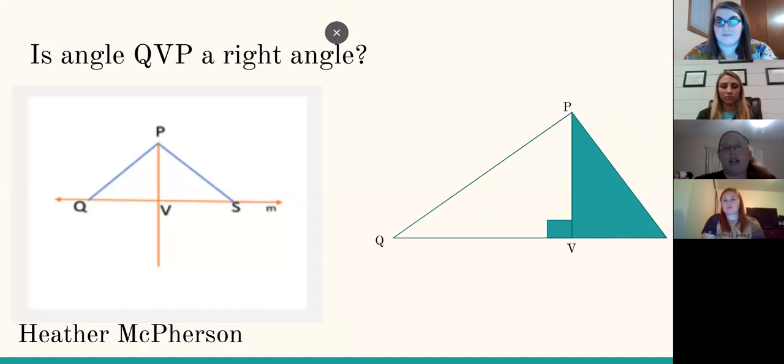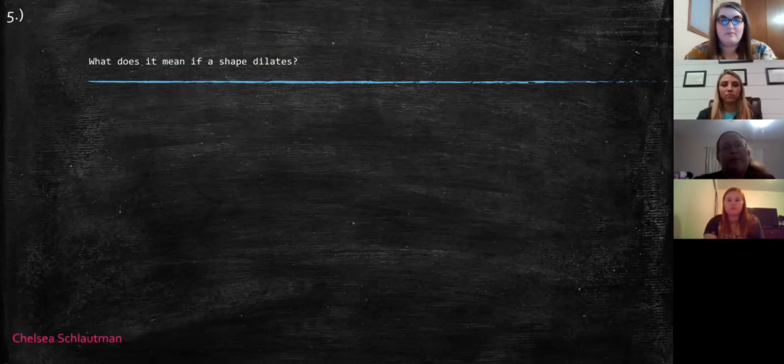It is a right angle because that other triangle and QPV are supplementary to one another. So angle V is supplementary to the other angle V, which means it's going to equal 180 degrees, and a right angle equals 90.